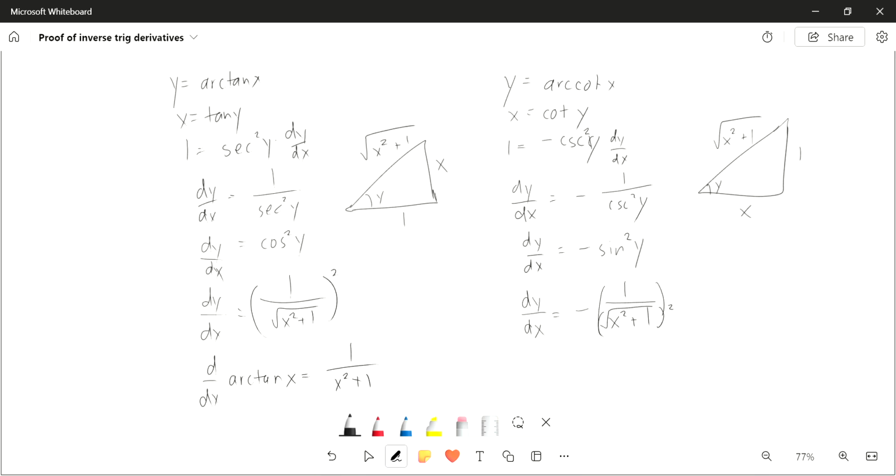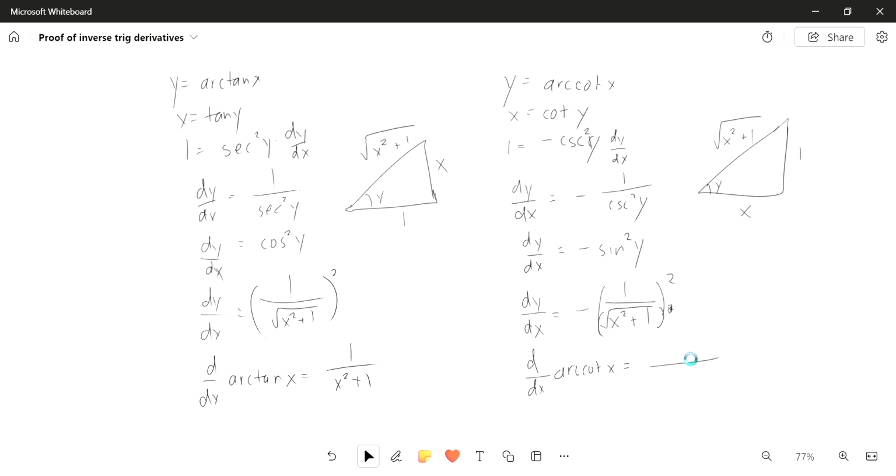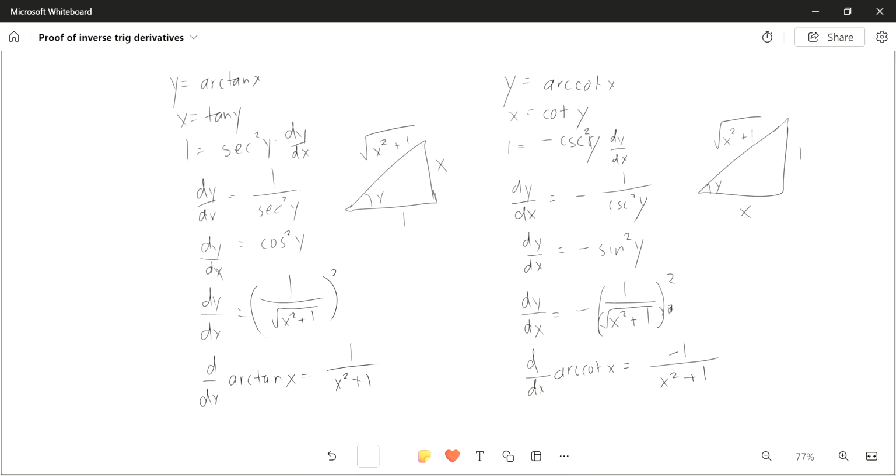I'll just show you the logic behind this. Because sine y is equal to 1 over root x squared plus 1, then we square it. The square root kind of cancels out. So that is the derivative of arc cotangent. When I say arc cotangent and cotangent inverse, they mean the same thing.